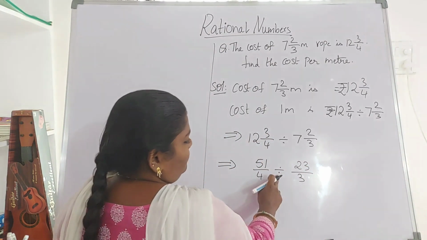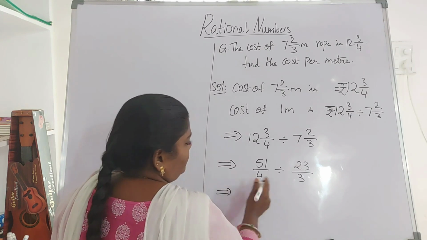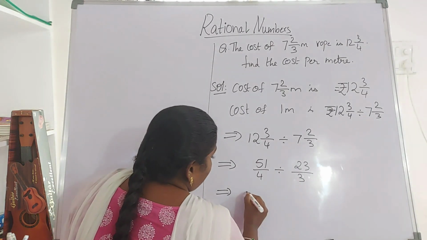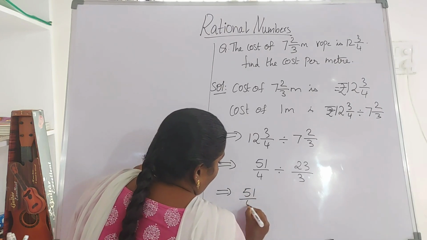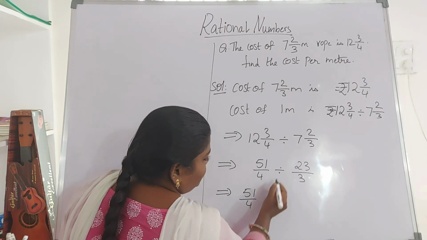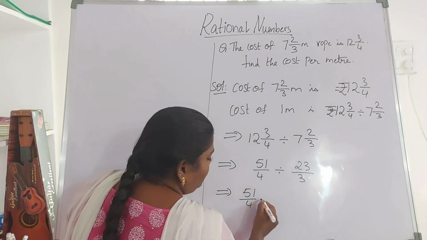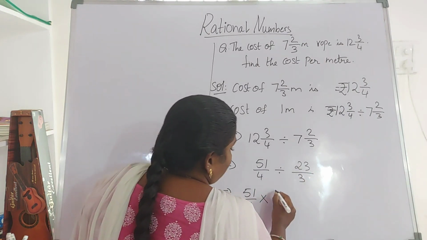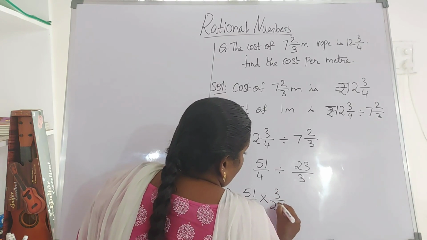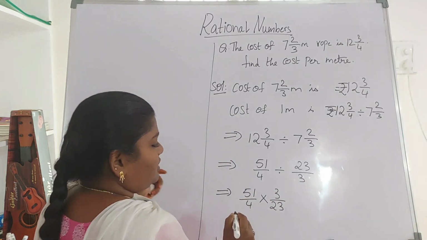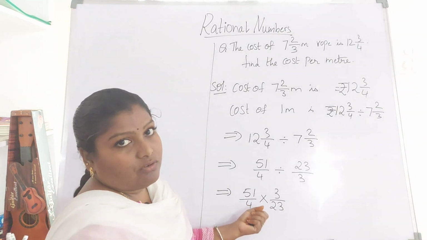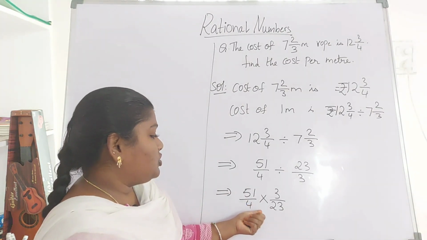Now because it is a division, you should find the reciprocal of the divisor. So that is 51 by 4. After finding the reciprocal, we can change the symbol of division to multiplication. So the reciprocal of 23 by 3 is 3 by 23. Now check whether you have a cancellation, whether you can simplify it into lowest terms.